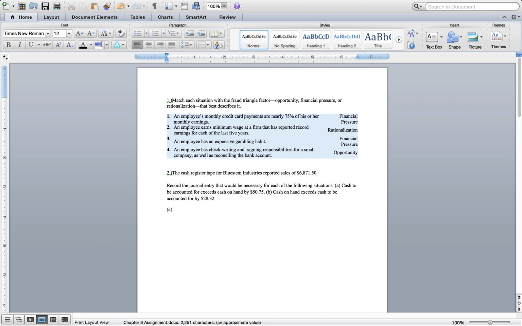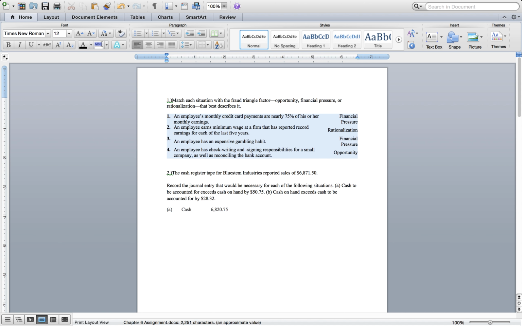First of all, you want to start off by debiting cash. Debit cash for $6,820.75. Even though you had sales of $6,871.50, you want to subtract the $50.75.